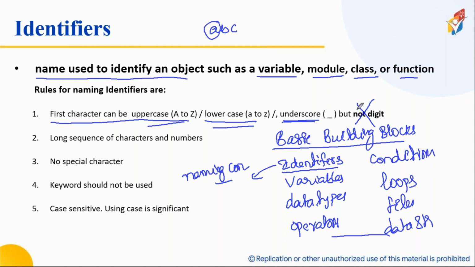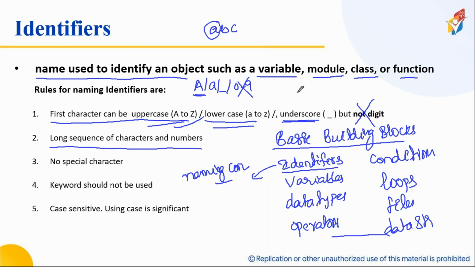Once again I'm repeating. While using naming conventions, the first character must be either uppercase or lowercase, or I can also use underscore. But I cannot start with digits from 0 to 9. This is the first point. Second point is I can write any long sequence of characters.